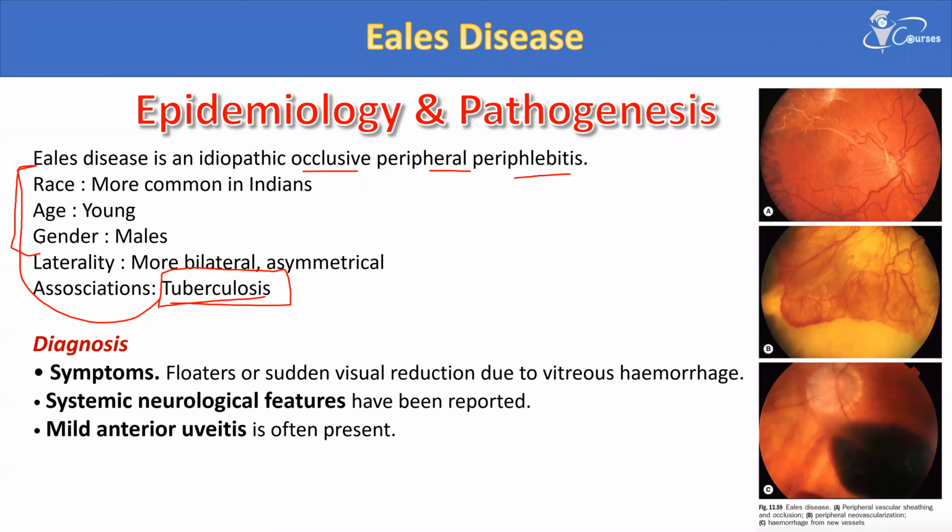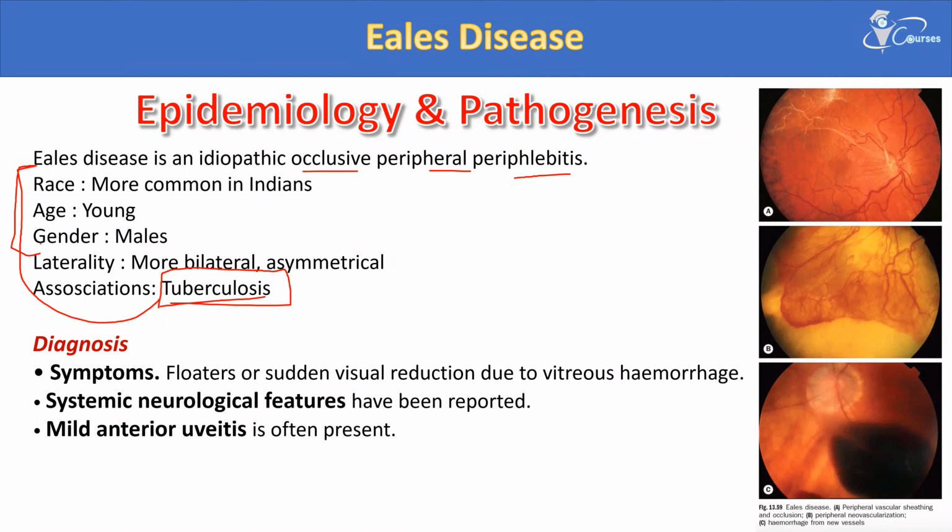So Eales disease is more common in patients with tuberculosis or hypersensitivity to tuberculous antigens. This is also another clue in the diagnosis of this disease. So what will be the presentation? Those patients in the scenario usually present with floaters.